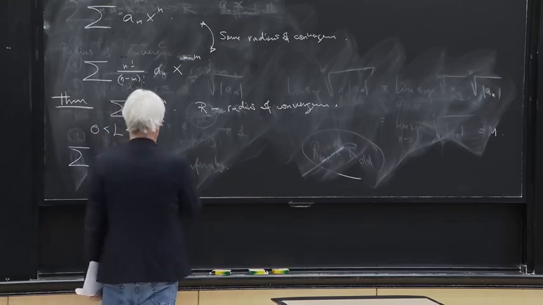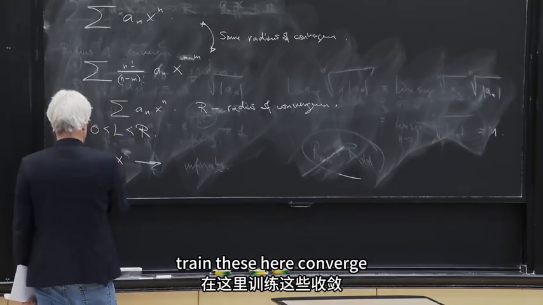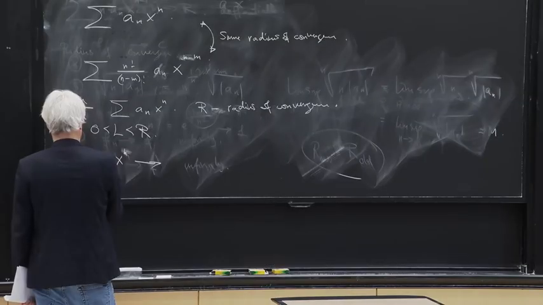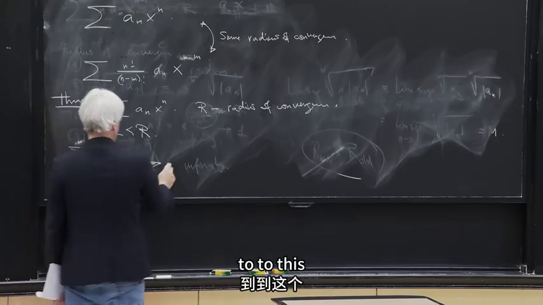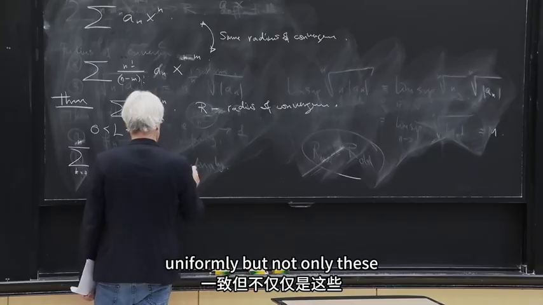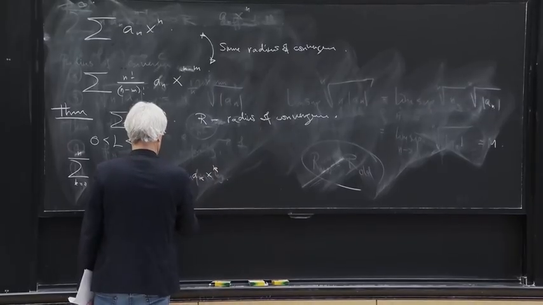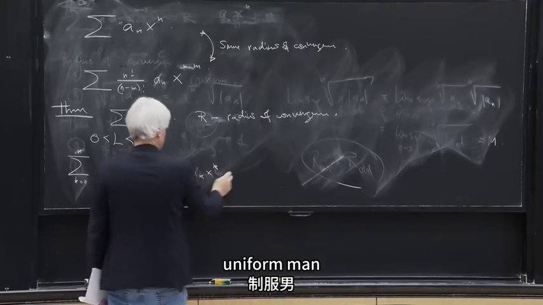So when you take a finite sum, these converge to this uniformly, but not only these.